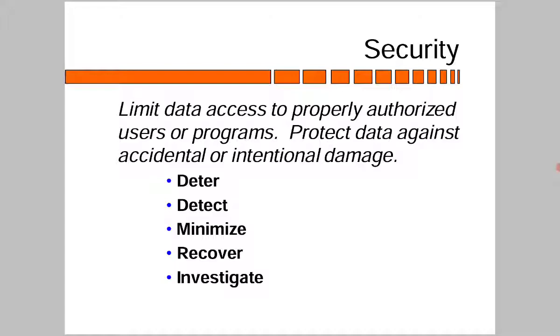So there are two components or parts in security. First one is limit data access. Data access is limited to properly authorized users. Properly authorized means here we use two terms, authorization and authentication.